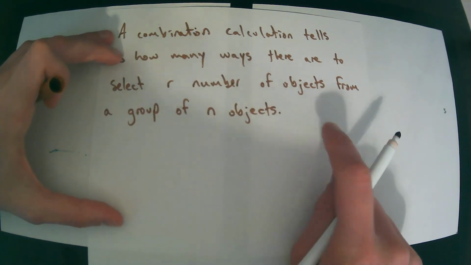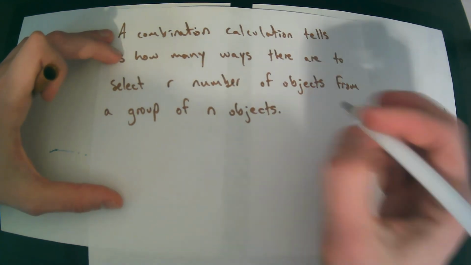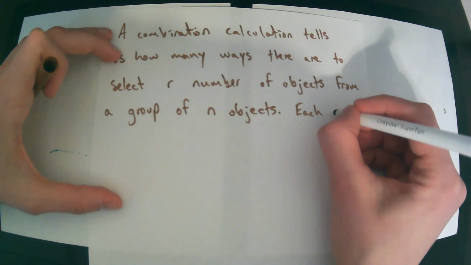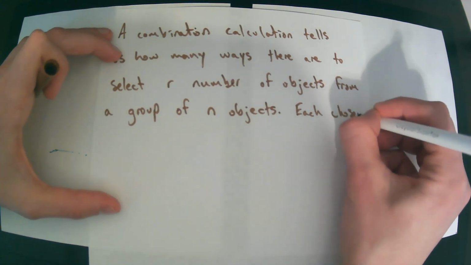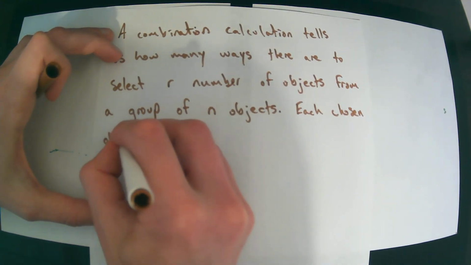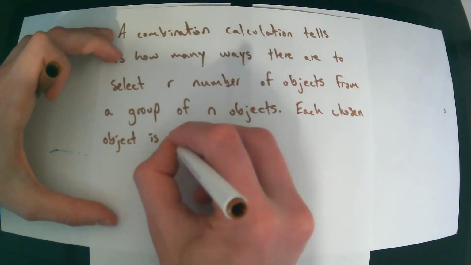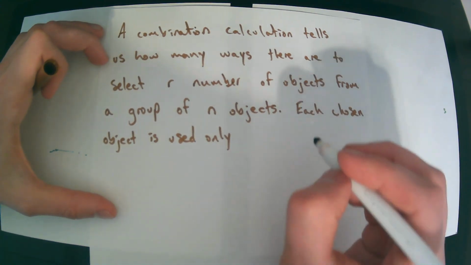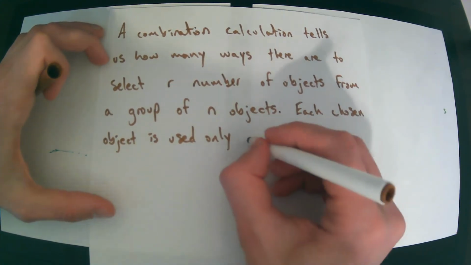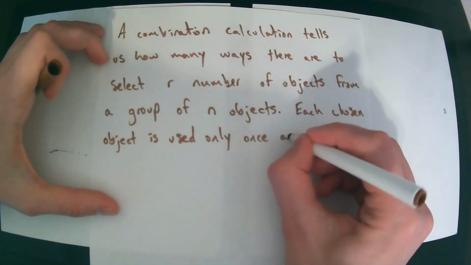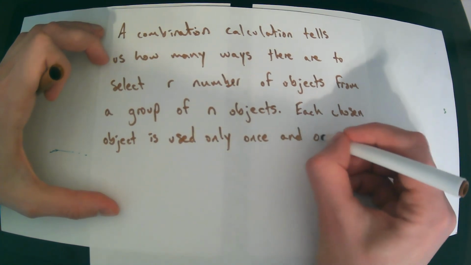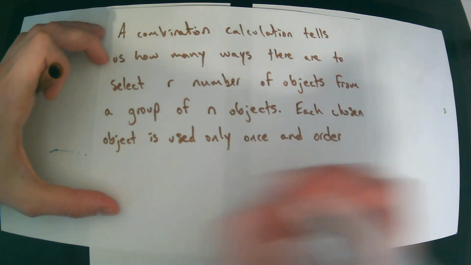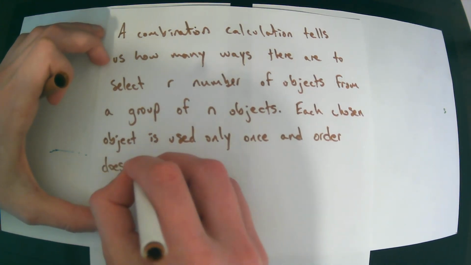I want to say a couple more things that are important here. This is only for problems where each chosen object is used only once, and order does not matter.